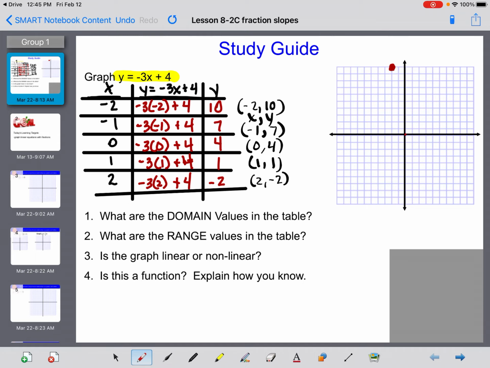So starting at 0, I go back 1, and then I go up 7. The next ordered pair is 0, 4. And the next ordered pair is 1, 1. And finally, 2, negative 2.